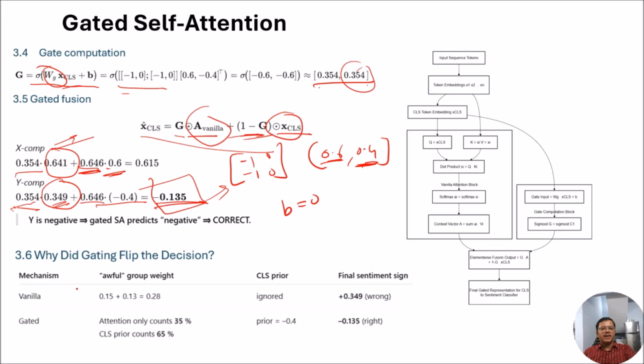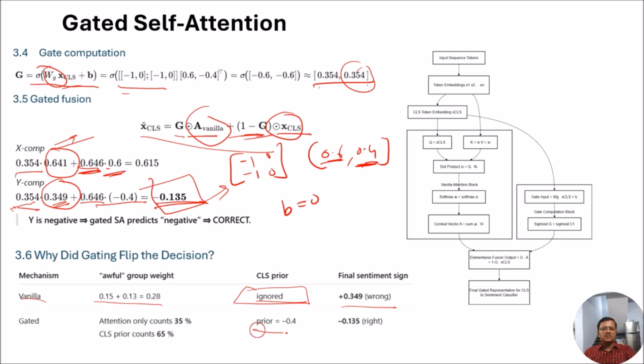So why did this flip happen? Because in vanilla we just take the computation sum and we ignore the CLS prior. So we are just ignoring this part, and that's why the final sentiment sign is wrong.